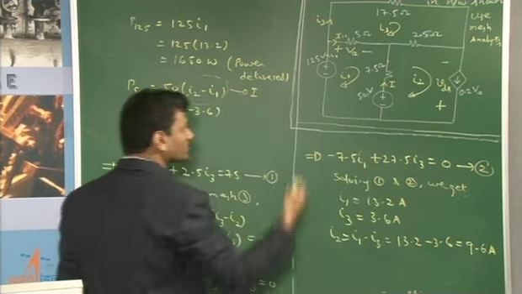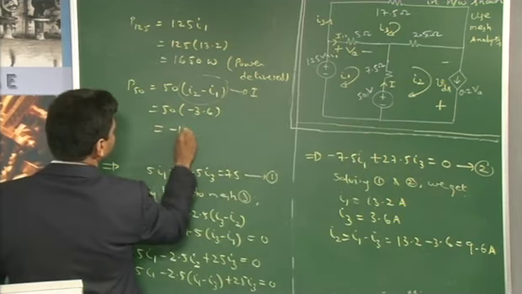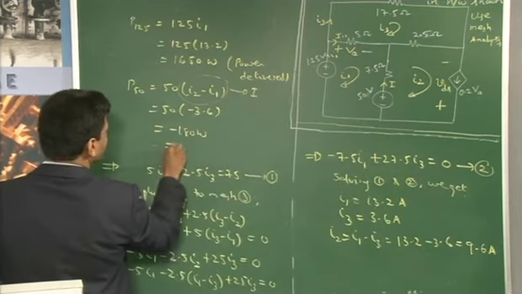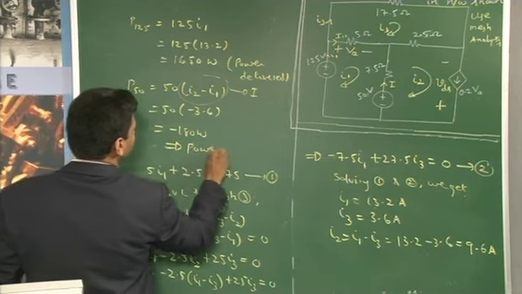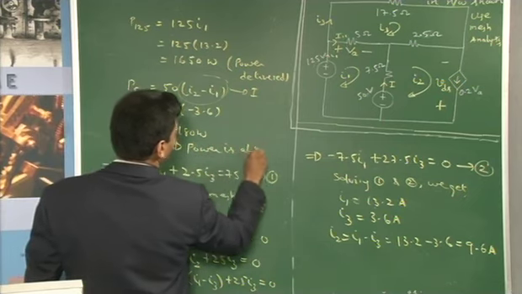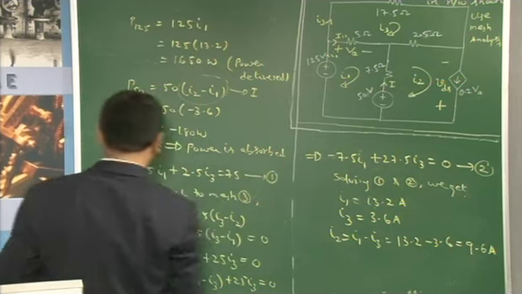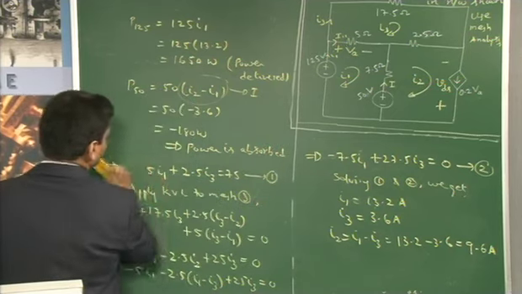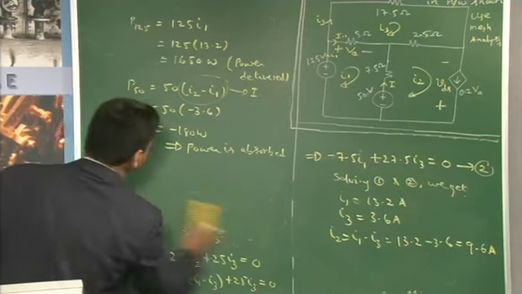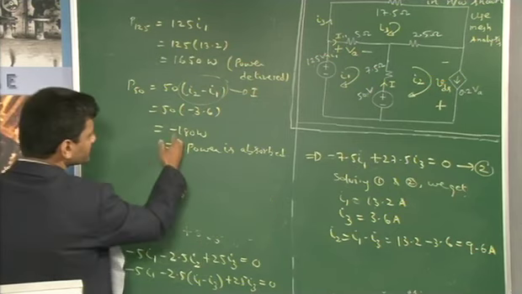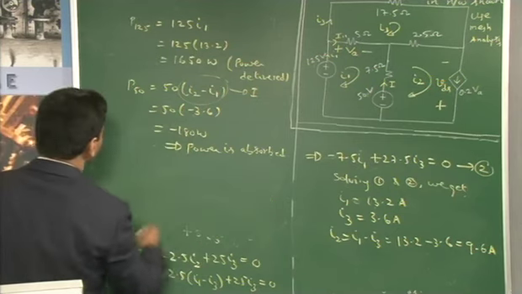So this is obviously absorbing the power. So you will get minus 180 watts, which implies power is absorbed. Whatever we are calculating is the power delivered value, and we got it as negative, which is indicative of the fact that power is absorbed.